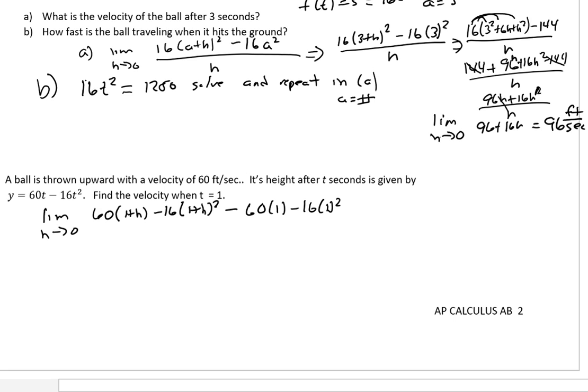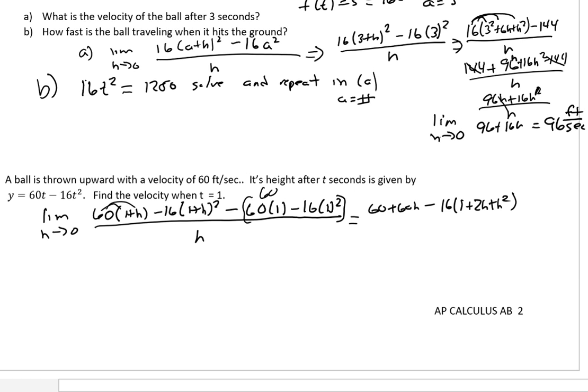We simplify that. So we distribute here, 60 plus 60h, minus, we FOIL this out, 16 times 1 plus 2h plus h squared, minus, I'm going to put parentheses around that, 60 minus 16, so minus 44, all over h.